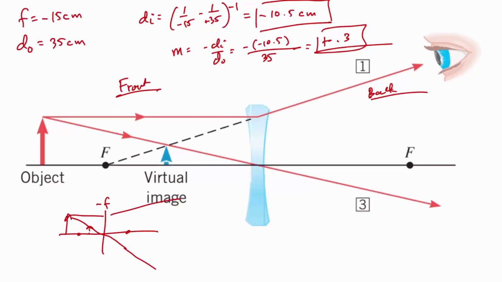Always. Where the object is just determines the magnification, how small the new image is going to be in your brain. All right, so that's the complete tour of all the possibilities for lenses.